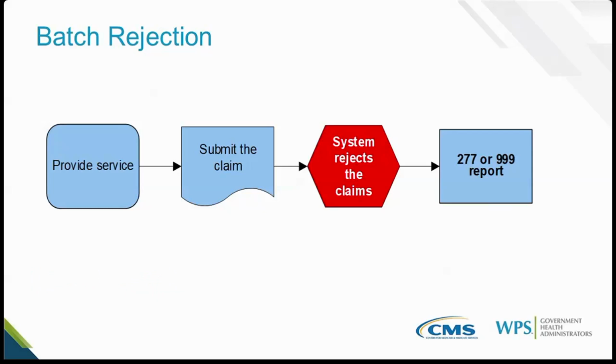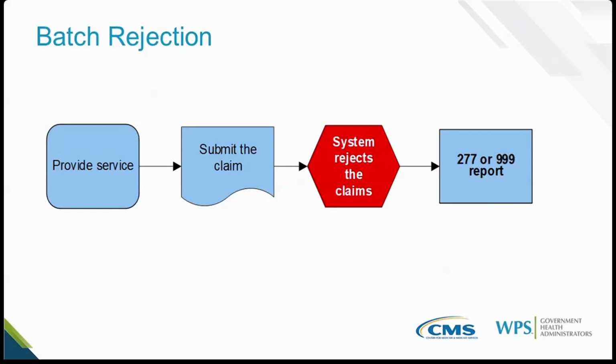To fully understand rejections and denials, it's really important to recognize the path that a claim takes, or as we like to call it, the life of a claim. This is a simplified graphic on how a claim gets into our Medicare claims processing system, the multi-carrier system, or MCS, for those of you that submit on a 1500 claim form or the 837P electronic claim.